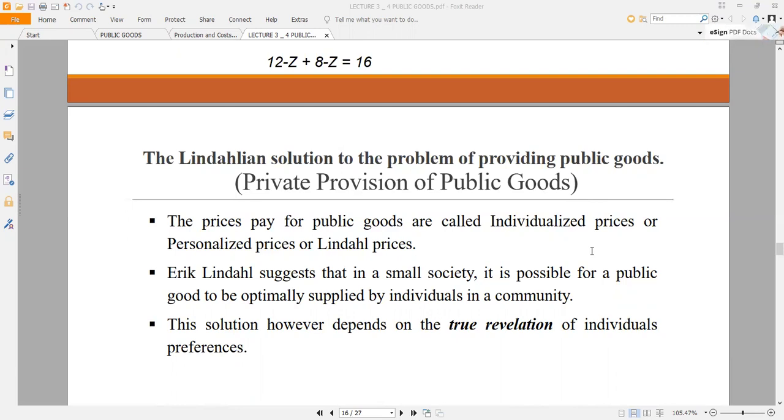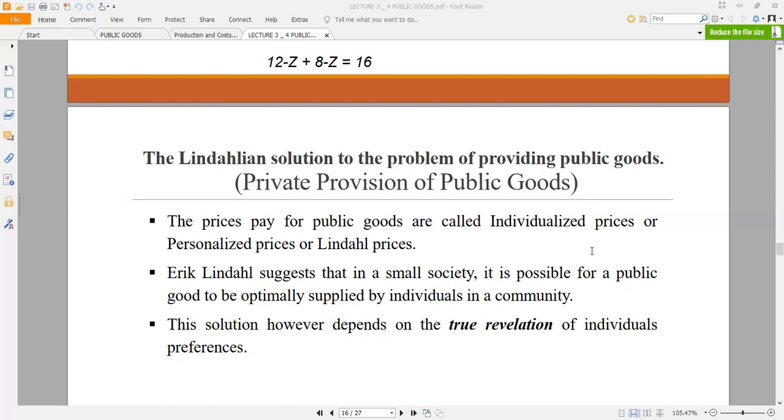So before the private sector can even help in the production of such public goods, the people that are going to be affected by the good, those who are going to get benefits from the good, should come together and reveal the true benefits that they get from that good.